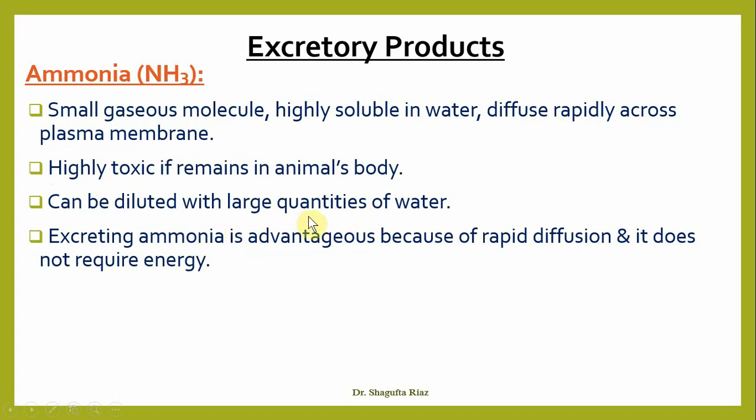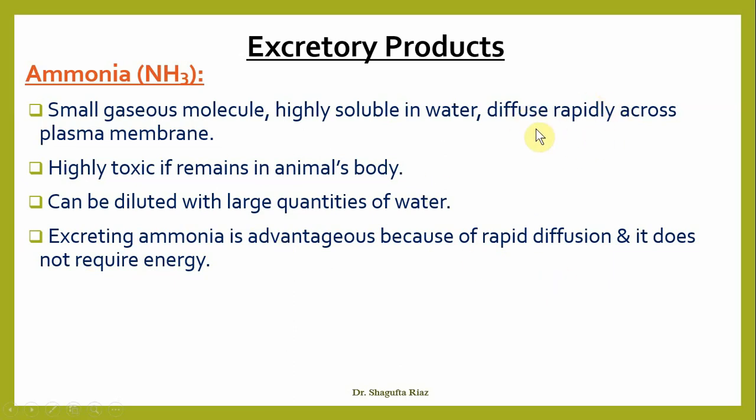Obviously, as it needs large quantities of water, that's why it should be the excretory product of some aquatic animals, right? The excretion of ammonia is beneficial. Why? Because of the rapid diffusion.